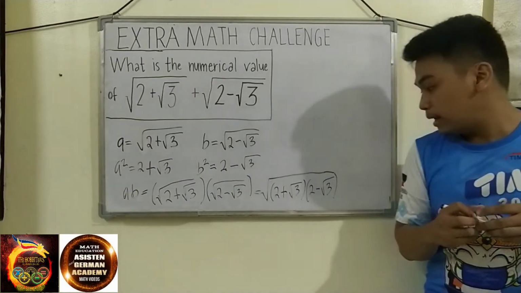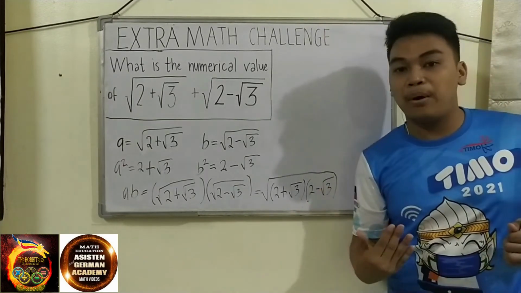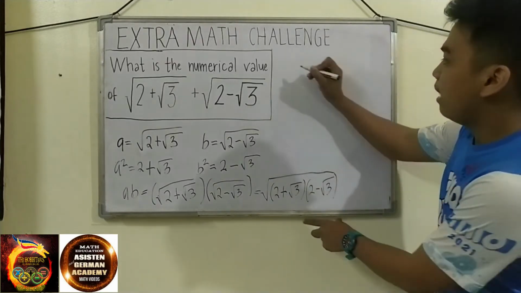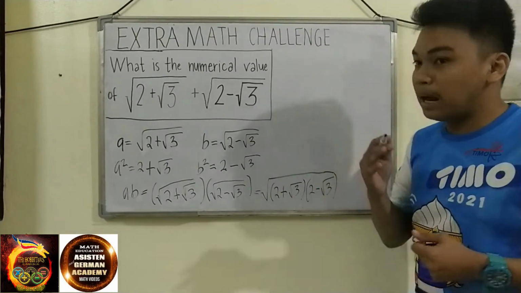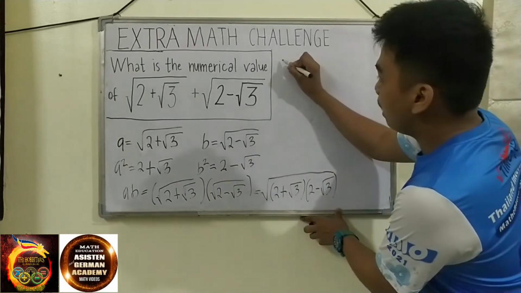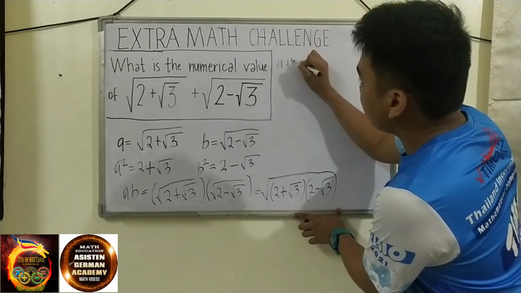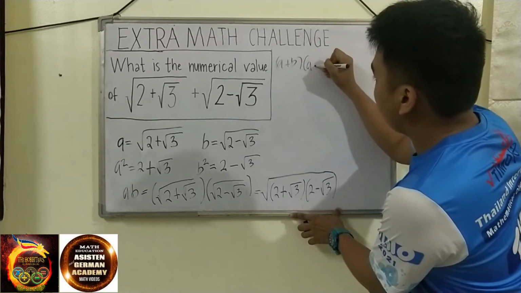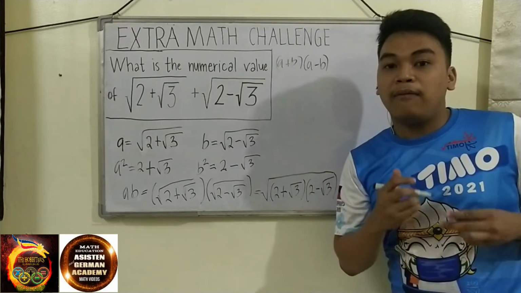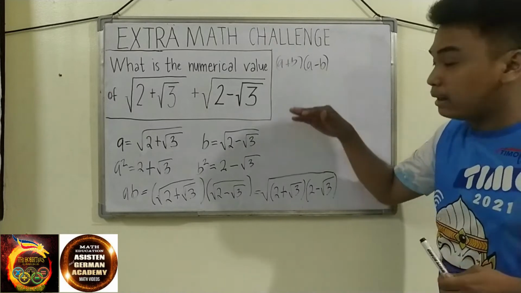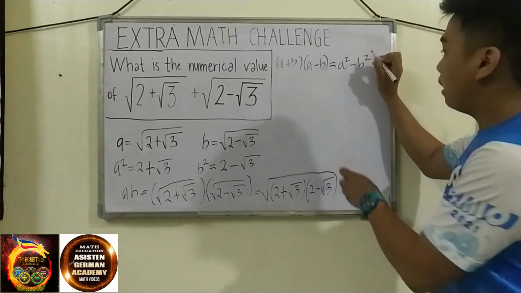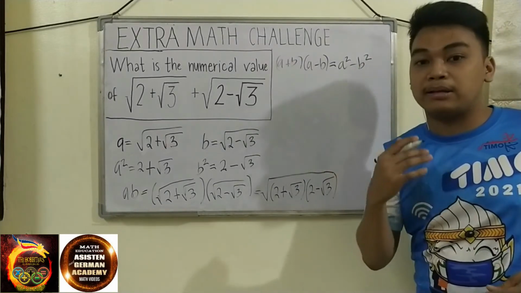And as you can see, this expression is an example of a product of a sum and difference. And remember that the result of a product of a sum and difference is a difference of two squares. For example, we have A plus B times A minus B. This is an example of a product of a sum and difference, and this is equal to A squared minus B squared, which is the difference of two squares.